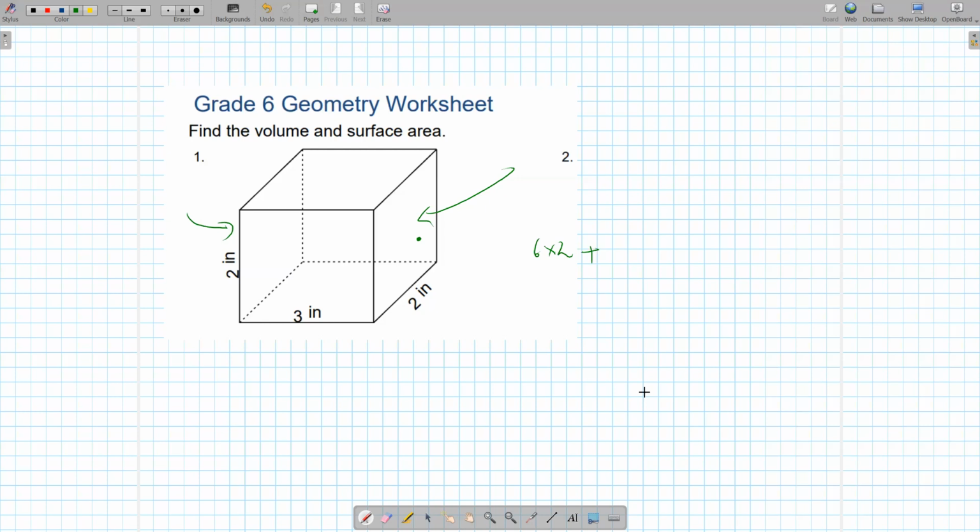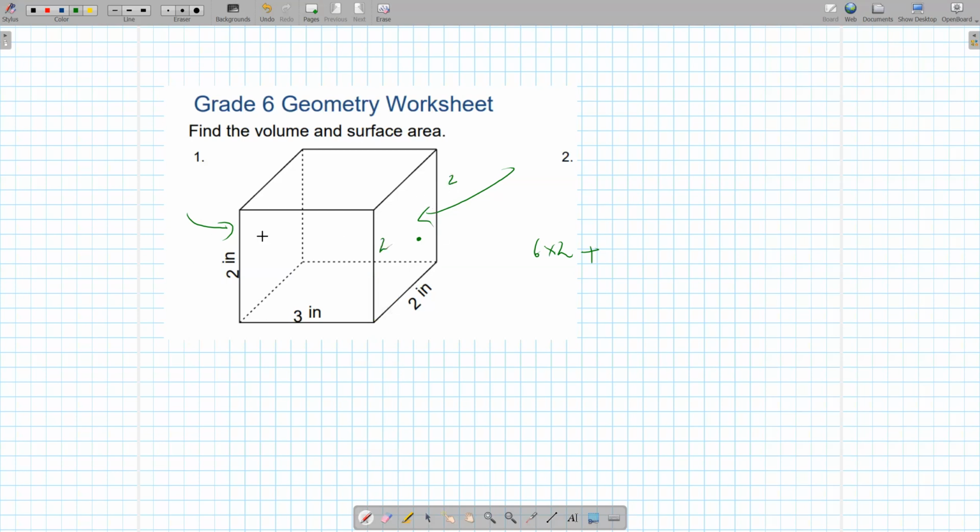It's not 6, right? We know this is 2. What's the length of this? It's not 3. It's 2. So if that's 2, then this is 2, and that's 2 as well.